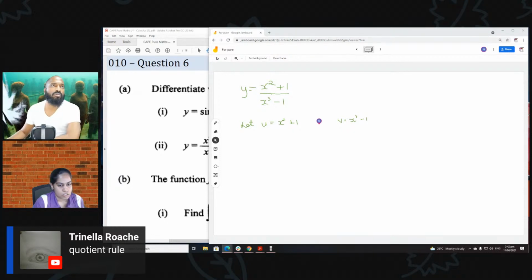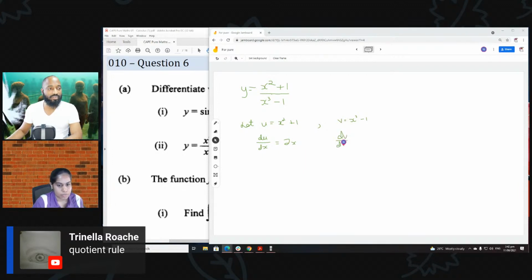Using the quotient rule, we have to find du/dx and dv/dx. For du/dx, we bring down the power and subtract 1 from the power. So x squared becomes 2x, and the constants go away.